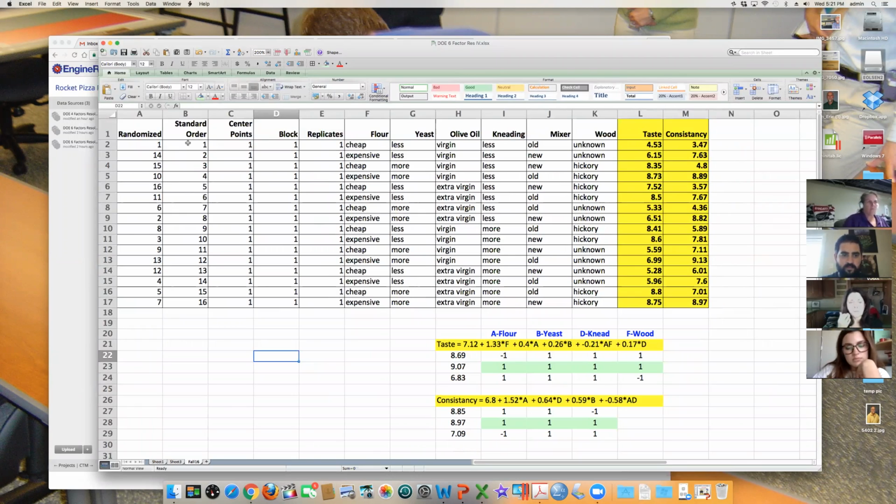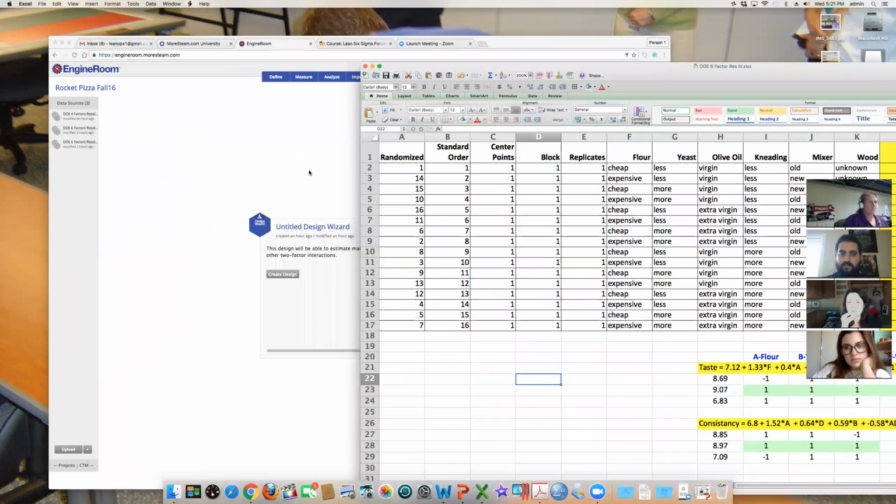The standard design comes out randomized, for how you're supposed to run it in random fashion, but it's always easier to work with the data in standard order. So I reordered it into standard order, and I've got the output for my resolution 4 design, the 16 runs for taste and consistency, all in this spreadsheet.